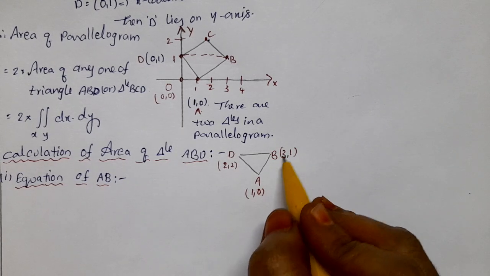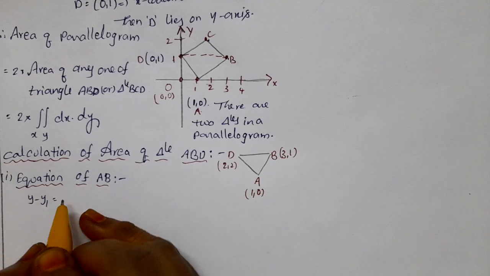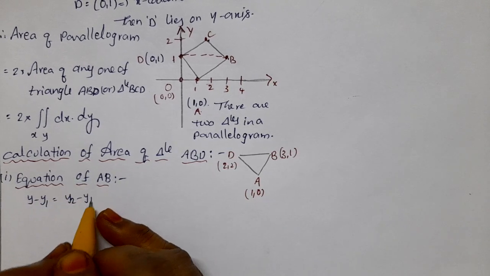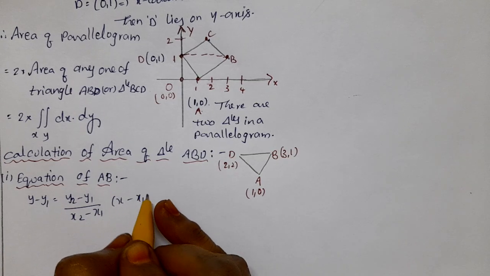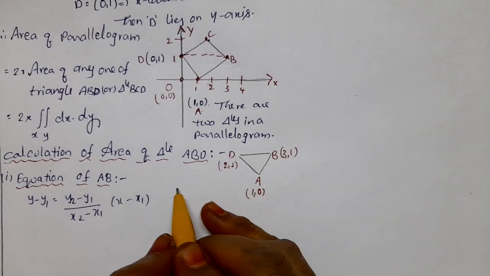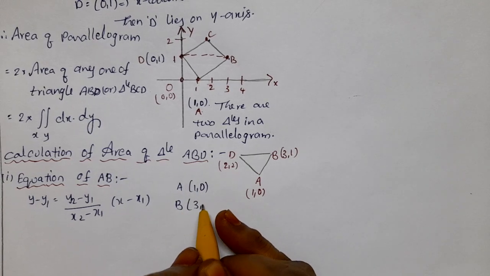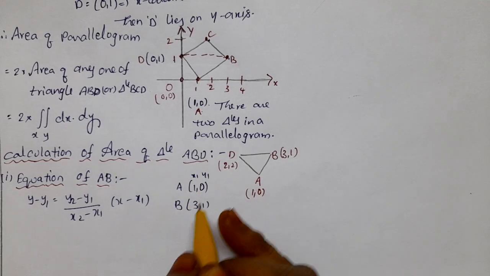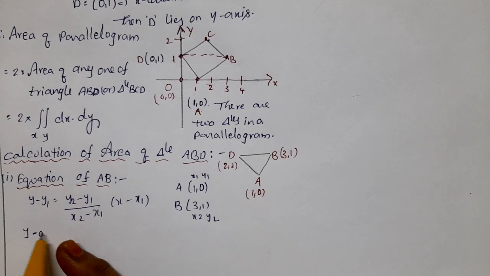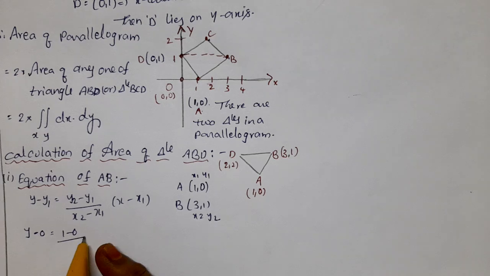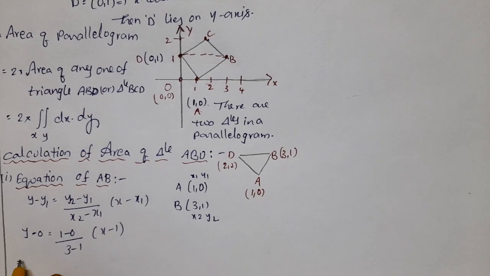The line passing through 2 points is y minus y1 equals (y2 minus y1) by (x2 minus x1) into (x minus x1). Equation of AB: A(1, 0), B(3, 1). Take these points as (x1, y1), (x2, y2). y minus 0 equals (1 minus 0) by (3 minus 1) into (x minus 1).